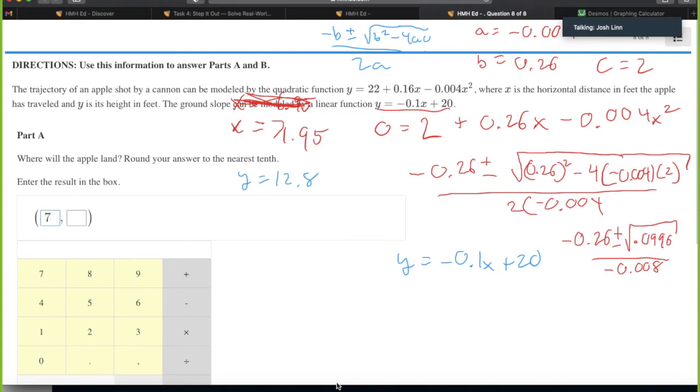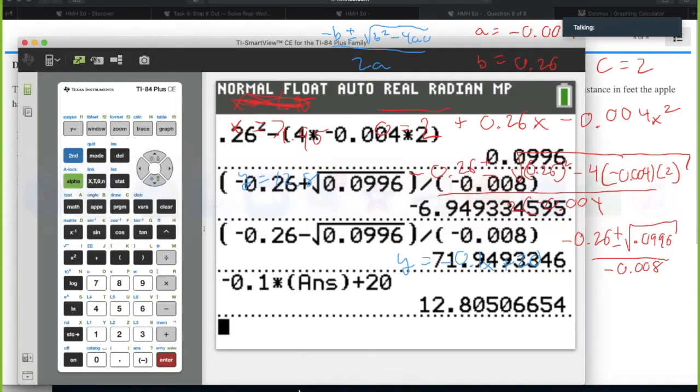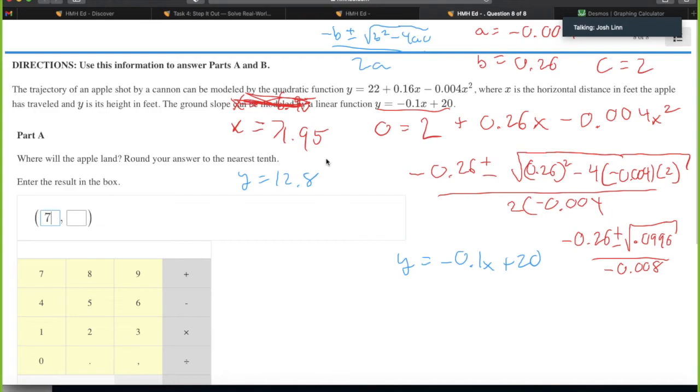Let me check my calculator real quick. Okay, so it would still be 71.9 because that's a 4, so we wouldn't round that 9. So let's erase that 5 before I get confused myself. Anyway, so 71.9, and then our y would be 12.8.